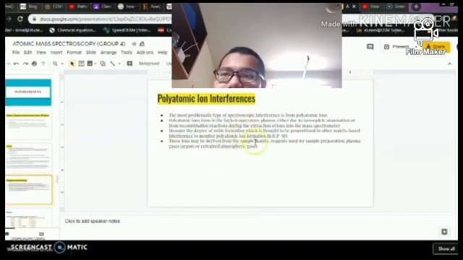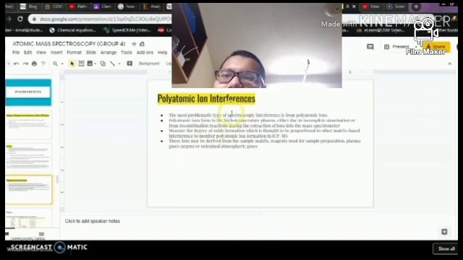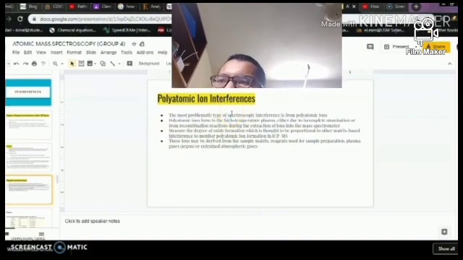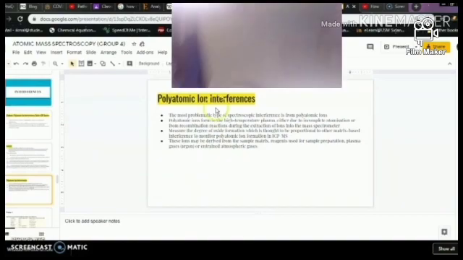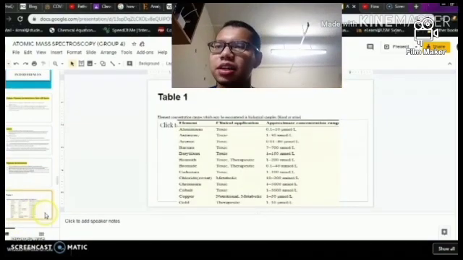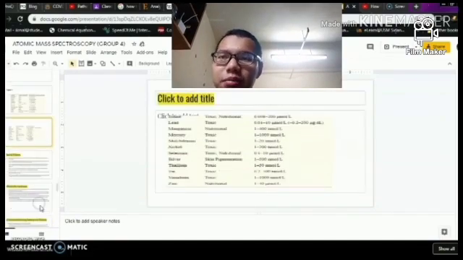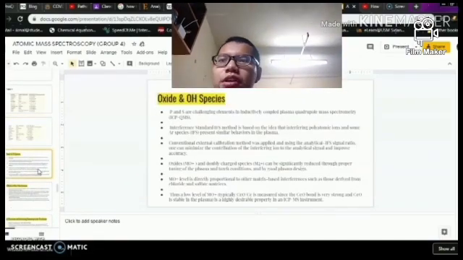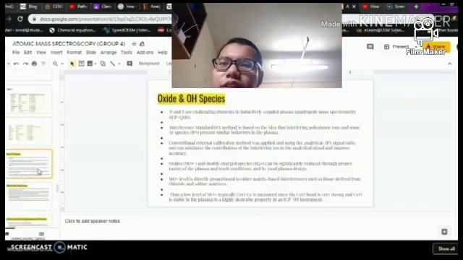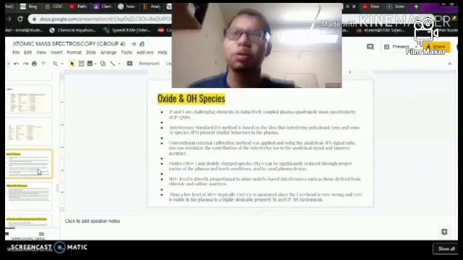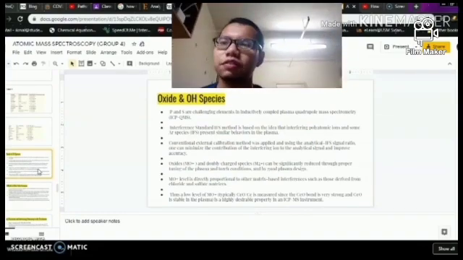Oxide MO minus, MO plus and doubly charged species M2 plus can be significantly reduced through proper tuning of the plasma and torch condition by good plasma design. MO plus level, dia direct proportional lah, maksud dia straight slope macam tu, to the matrix based interferences such as those derived from chloride and sulfate materials.